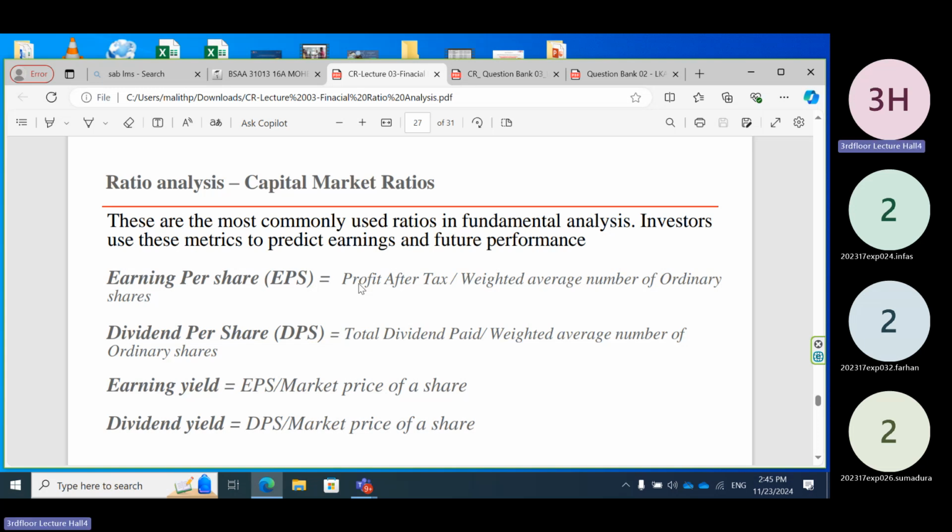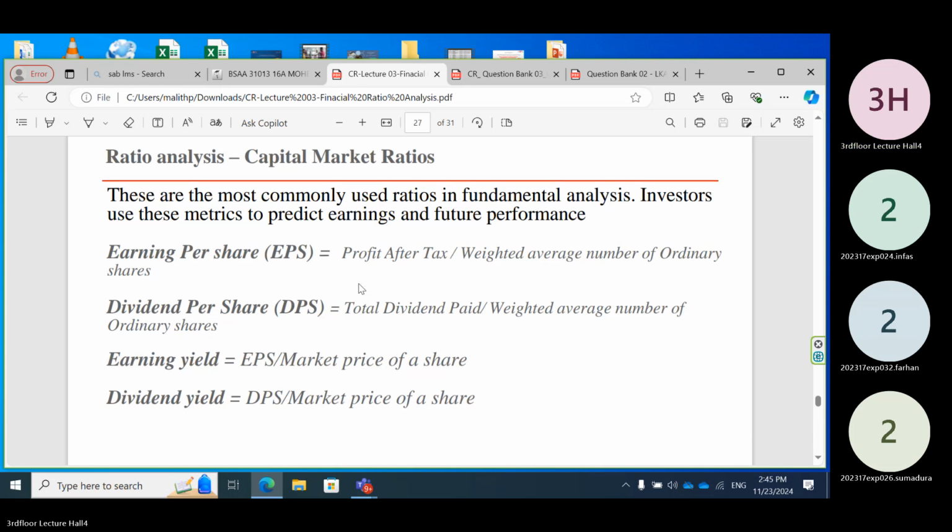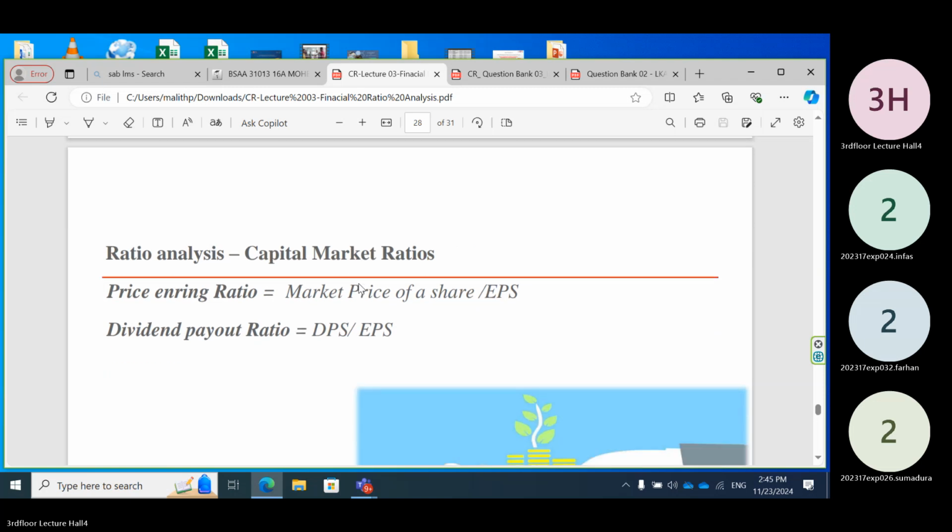And then you are moving to the price earning ratio, called the PE ratio. The PE ratio is the most important ratio.